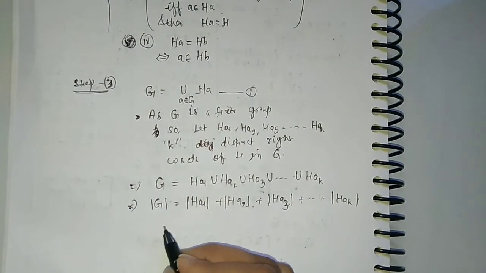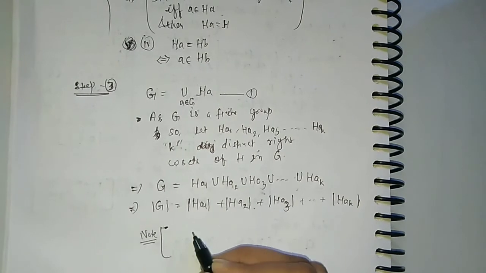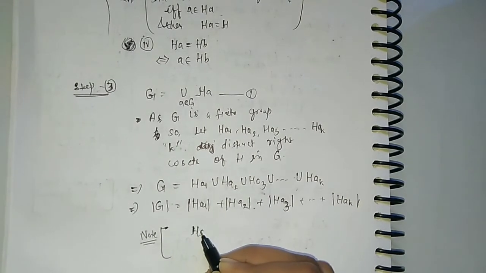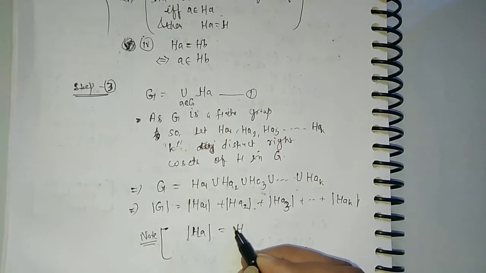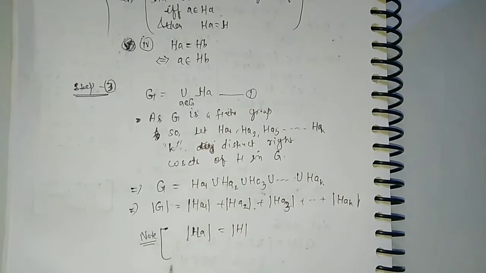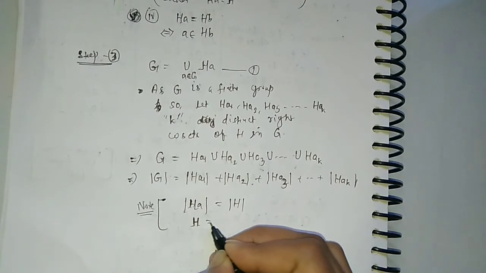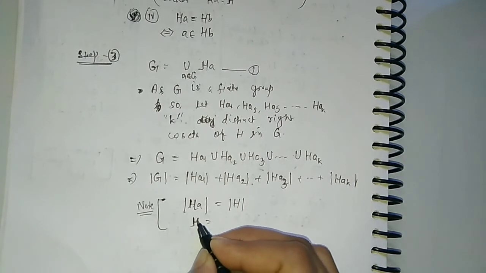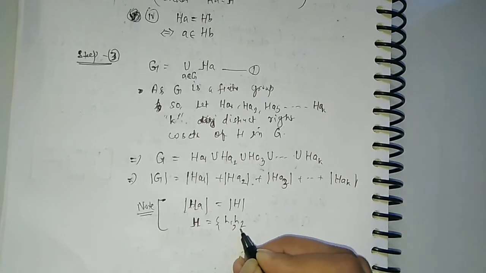And there is some note here. The cardinality of any right coset, that is HA, is equal to the cardinality of the subgroup H. We will prove this. So taking an example here, say H is equal to {H1, H2}.